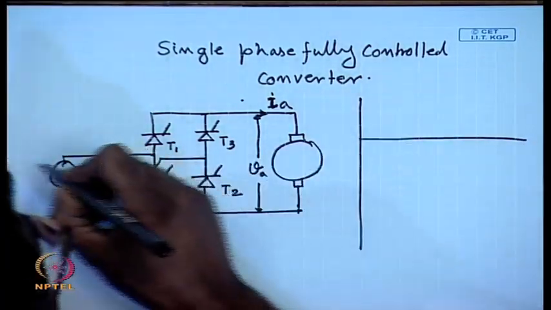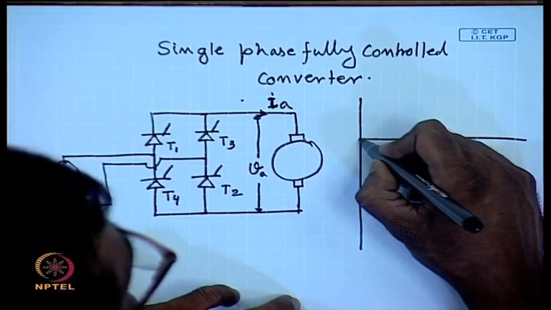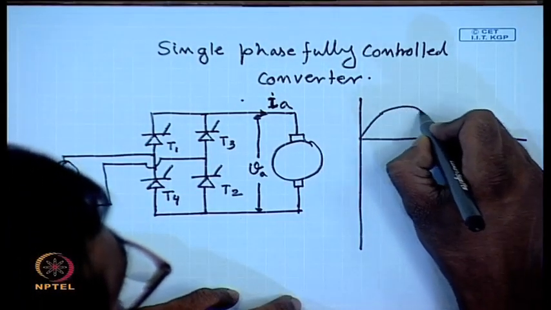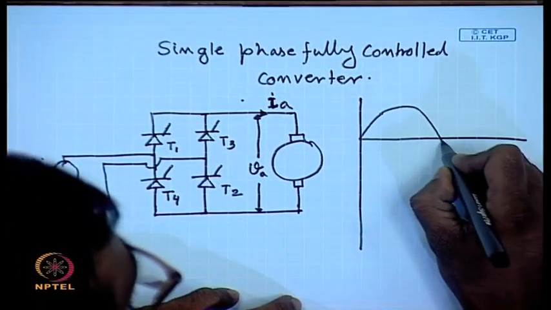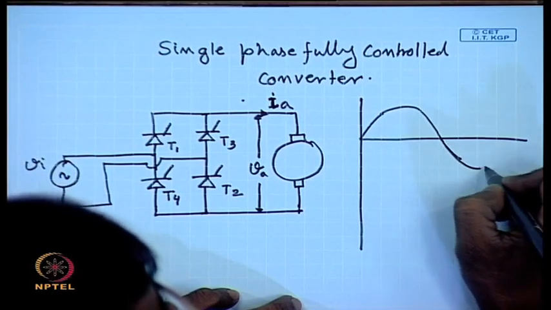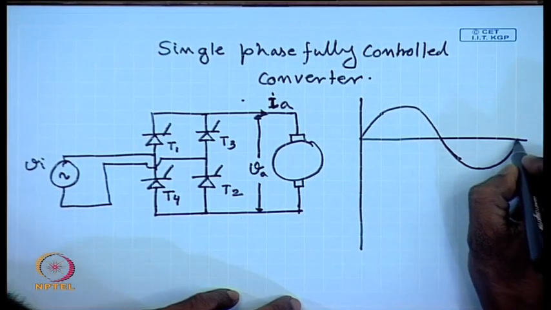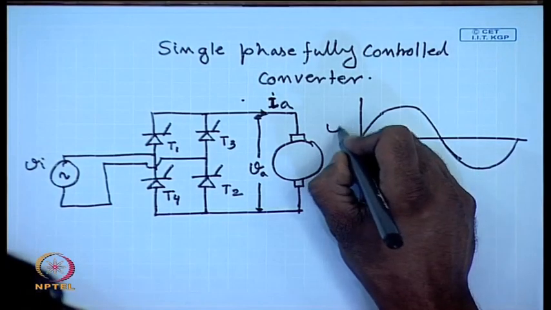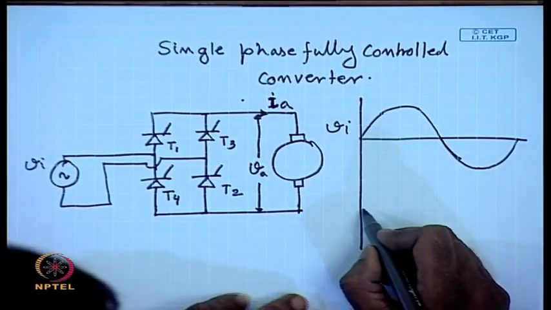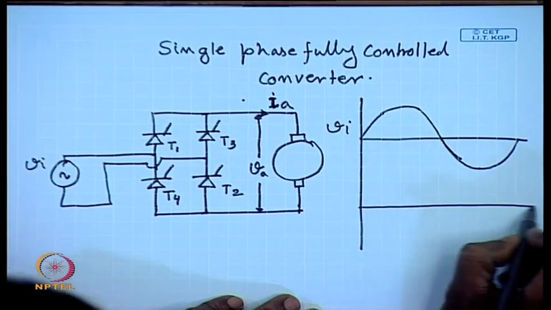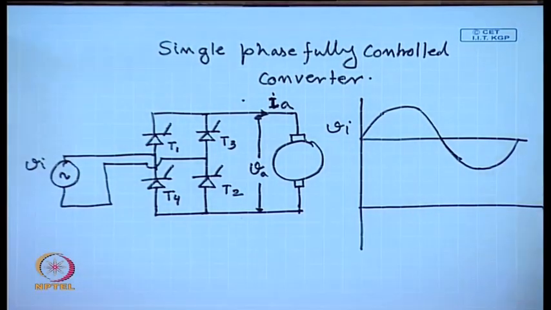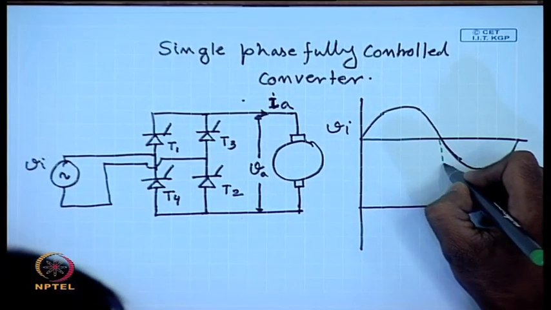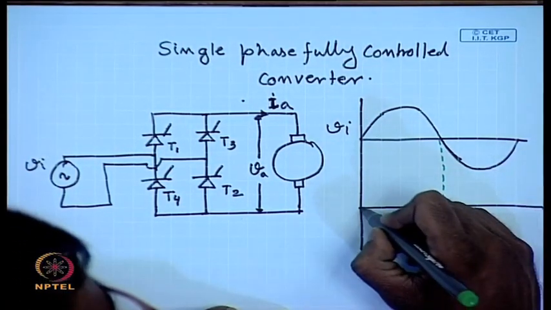Let us say this is the input voltage V I. Had this been diodes, we know that the voltage waveform would have been a full wave rectified sine wave.